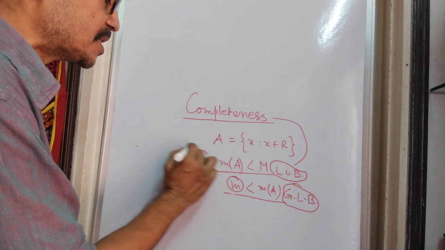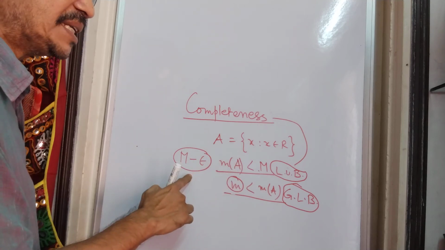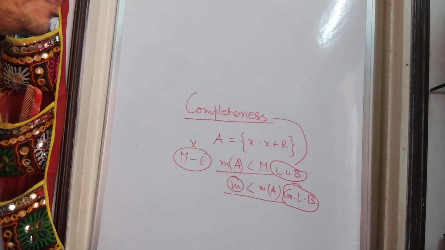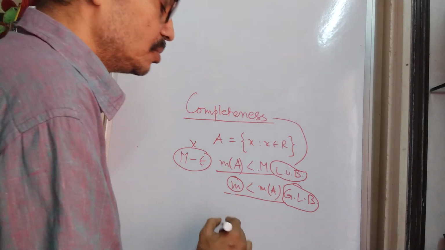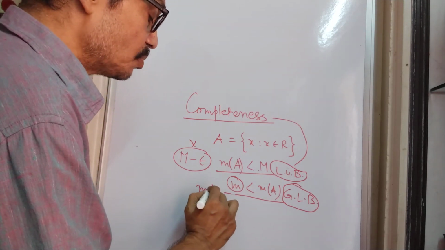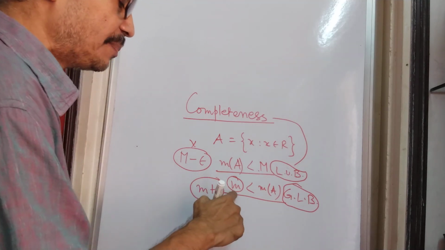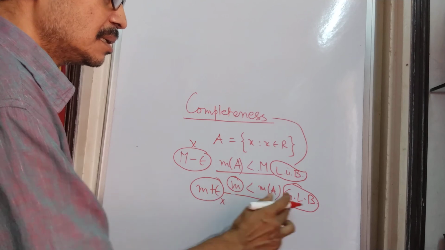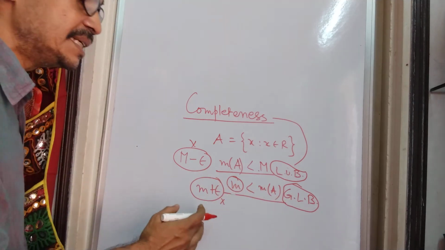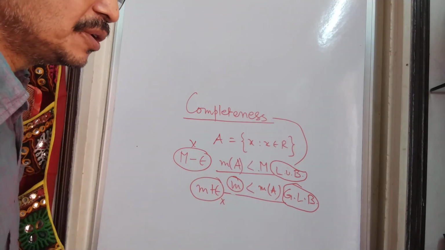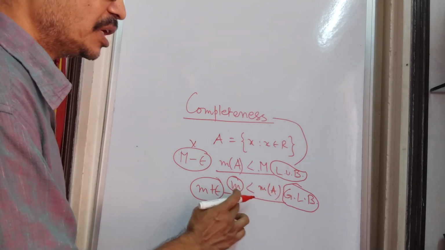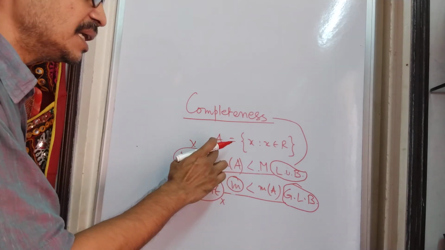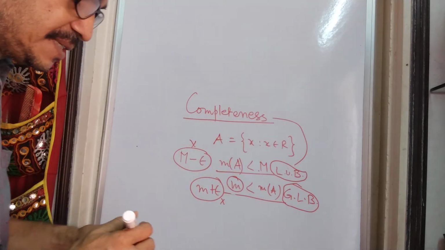So M minus epsilon, a value less than capital M, will not be an upper bound. Then only we say that capital M is a least upper bound, and any small increment of this small m fails it to be a lower bound, and then only we say that small m is the greatest lower bound. And whenever A is bounded, it attains its properties.